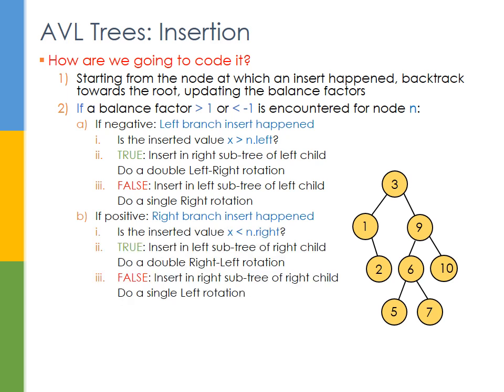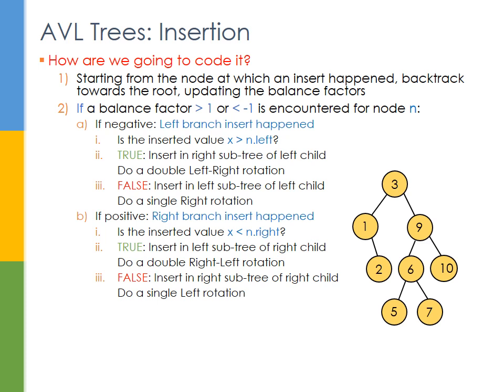So next, let's look at the case where we have a positive invalid balance factor, in other words, balance factor of positive 2. So in this case, we have a right branch insertion that's taken place. So we then compare the value that we've just inserted, which is x, to the value stored in the right child of the node that has become unbalanced.